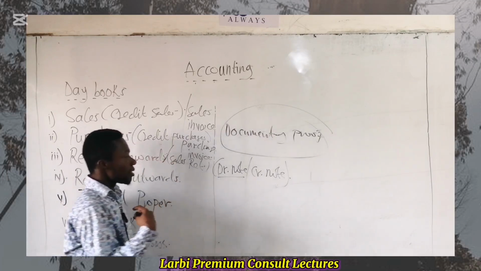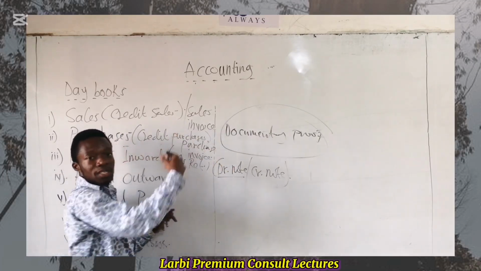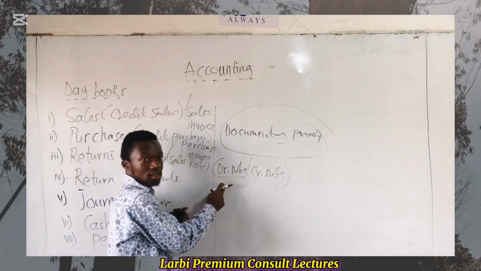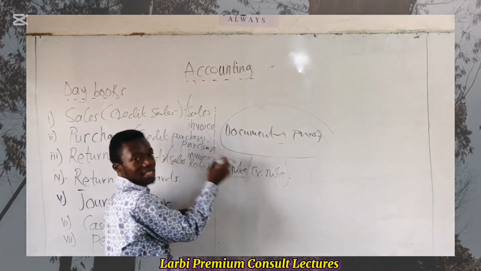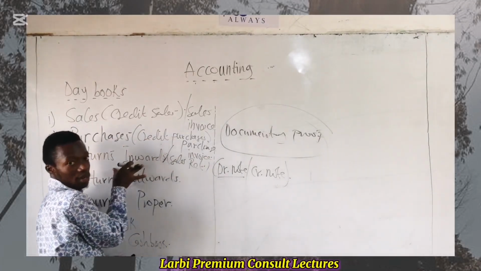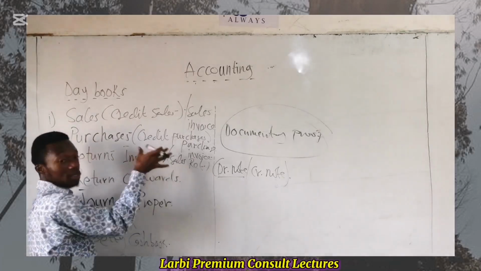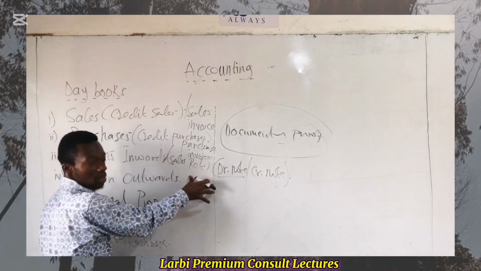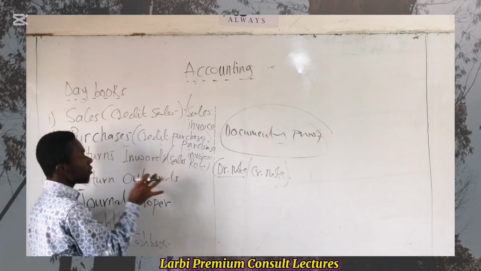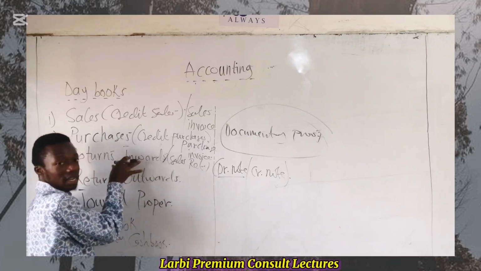It is telling the business that, hey, I've returned the goods, and therefore the business is supposed to receive such goods, and the business account is supposed to be debited. When we bring this into the daybook, there's an account called the return invoice account, from the return invoice daybook or the sales returns. It is that account that we're going to use to record the returns that the customer brought in the form of goods, and that's going to be recorded at the debit side of the return invoice account.